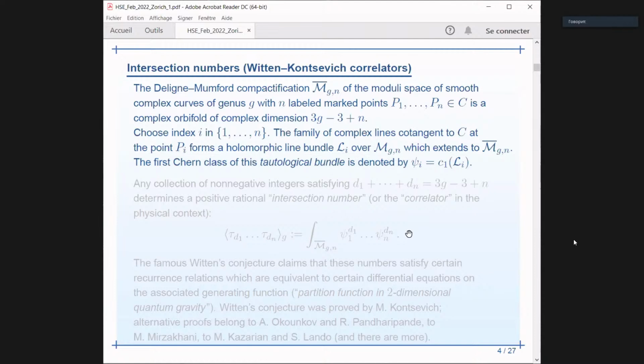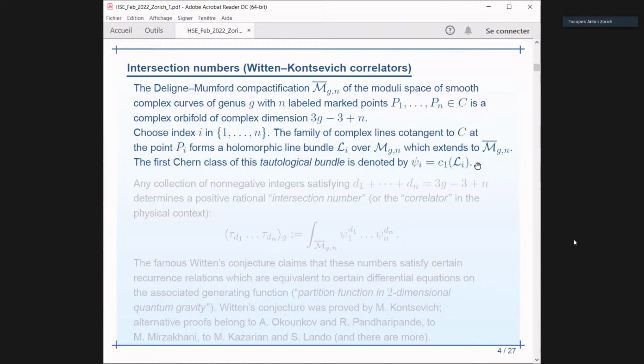It is reasonable to expect, and it really happens, that this family of lines has the structure of a holomorphic line bundle. And we have as many holomorphic line bundles as marked points. So for every marked point, we have its own holomorphic line bundle, which is denoted L_i and called the tautological bundle.